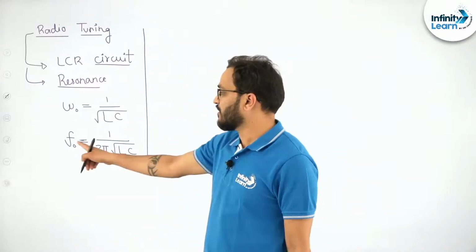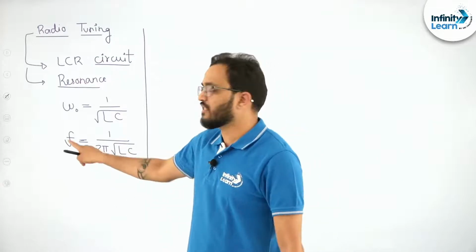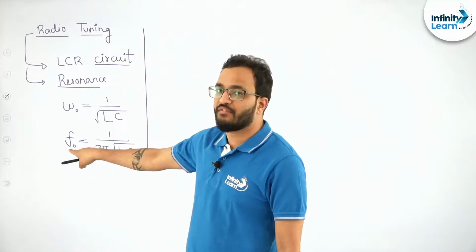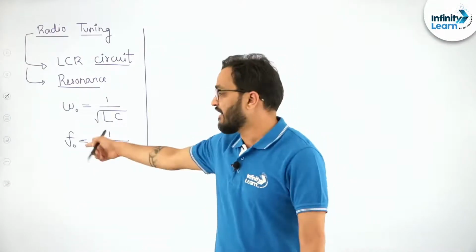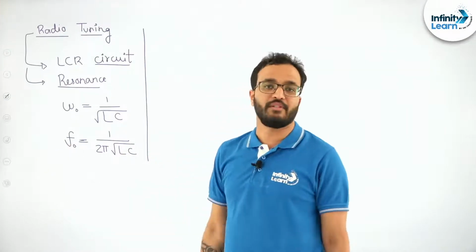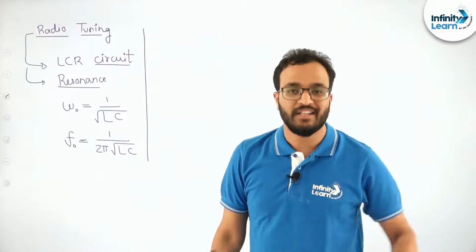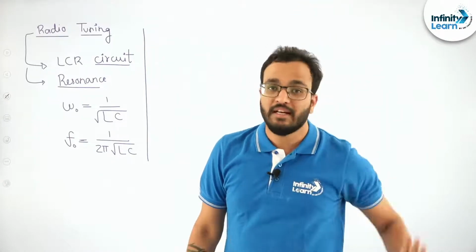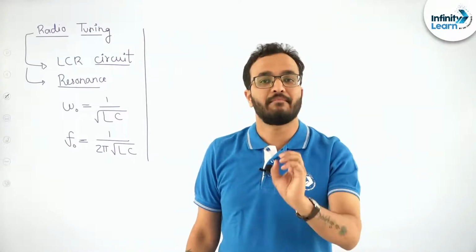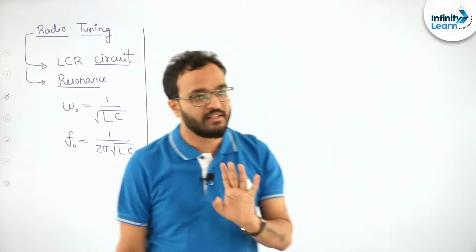It's not necessary that this value always comes out to be 100 hertz. I can change the value of L or C and make the resonant frequency 90 hertz, or 500 hertz, whatever. Is this clear? So what are the properties of resonance? Current takes a sharp rise, power takes a sharp rise, impedance drops and becomes minimum, right? Current and voltage go in the same phase. Are these things understood?